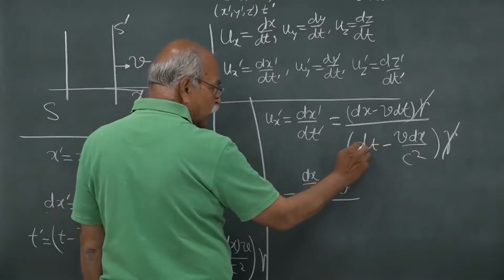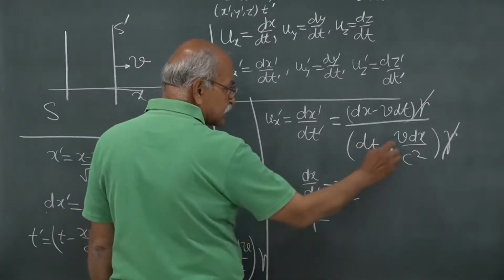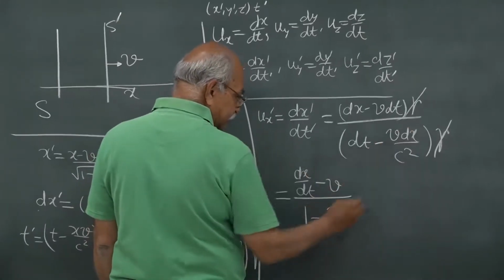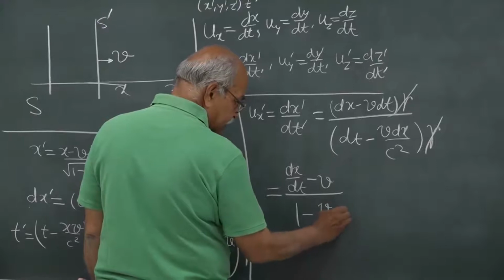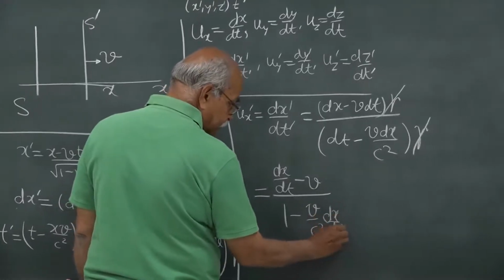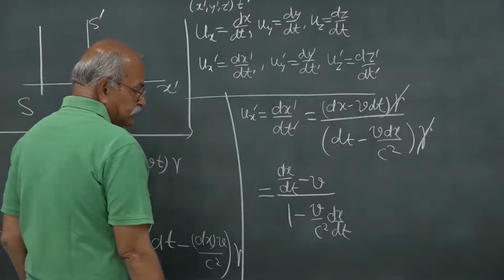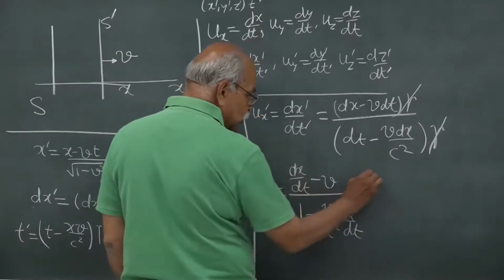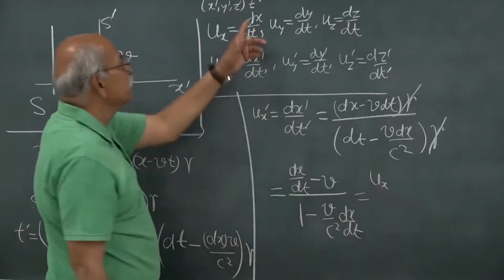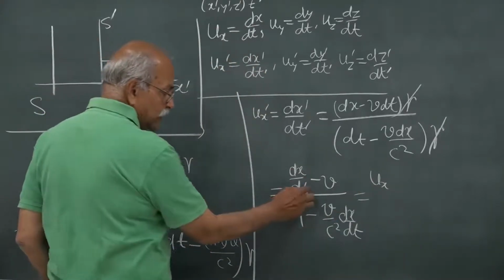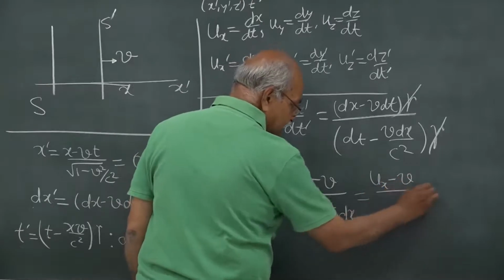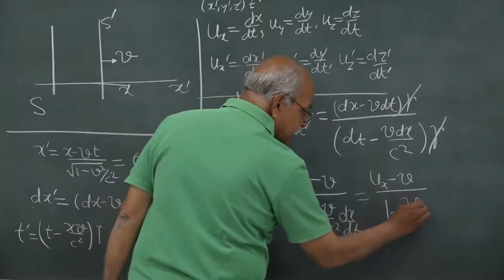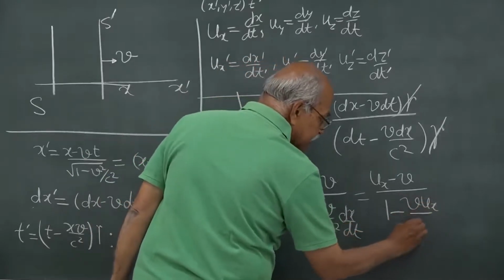So here it will become 1 and minus v over c square times dx by dt, and dx by dt is ux, so ux minus v divided by 1 minus v ux by c square.